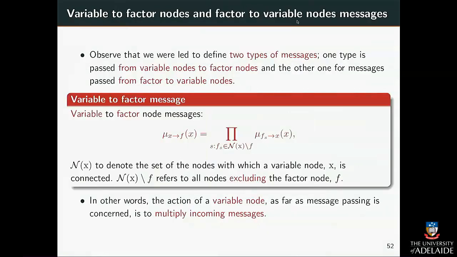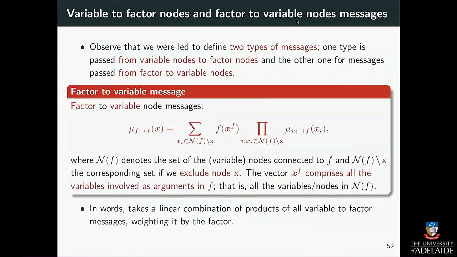Okay? So therefore, we have two kinds of messages. One is called variable-to-factor messages, and these are always doing products, and the other ones are factor-to-variable messages, and these are doing sums of products weighted by the particular factor that is at the factor node. Okay?